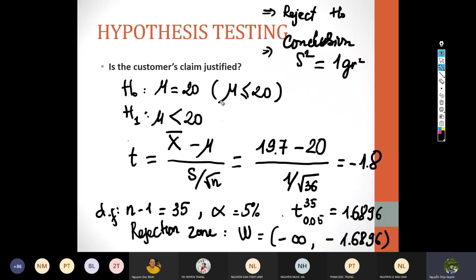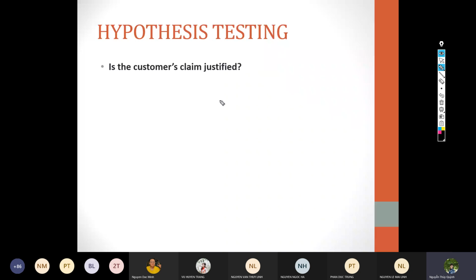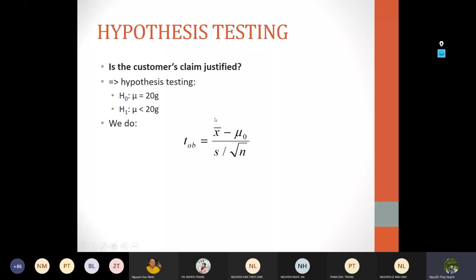We find the evidence to support the hypothesis. So in hypothesis testing, the first step is to state the hypothesis. Then we calculate the observed value of t, the test statistic. In this case, we use a t-test.